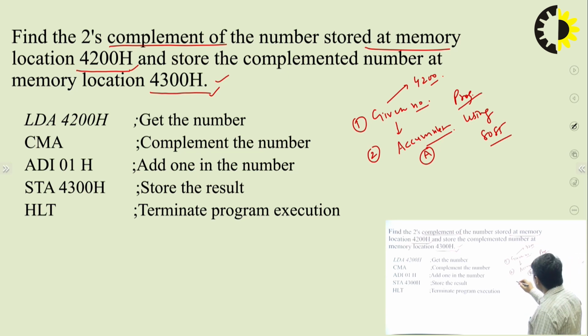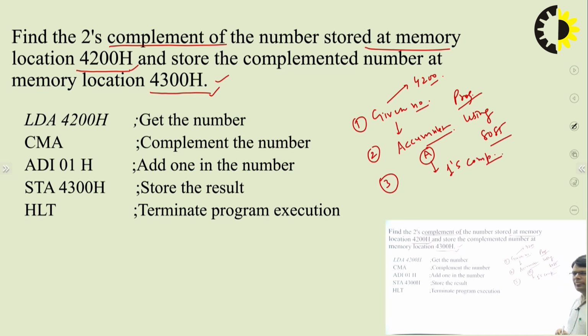Then the next step will be, the number is now available in the accumulator. For this given number, first of all we will find out its 1's complement, and after that, adding 1, we can get its 2's complement. So basically 2's complement will be calculated in 2 steps.